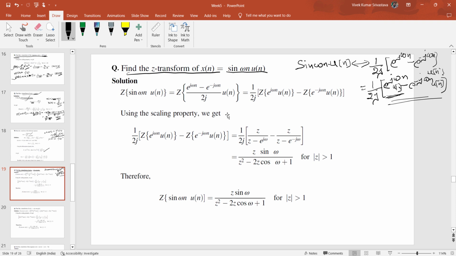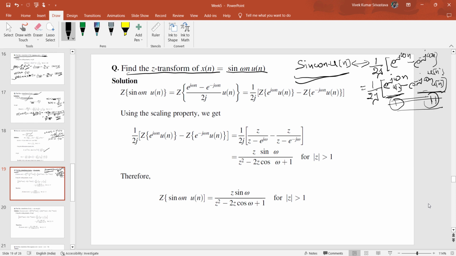So this is my first function and this is my second function. I will evaluate the z transform of these two signals individually, and then using the linearity property, I will evaluate the overall z transform of this sine of omega n into u of n. Okay, so that's how we can evaluate the z transform of sine of omega n into u of n.